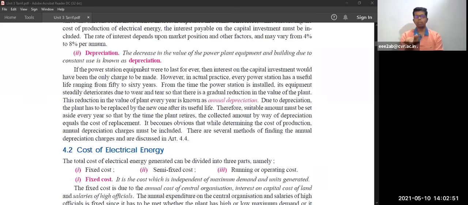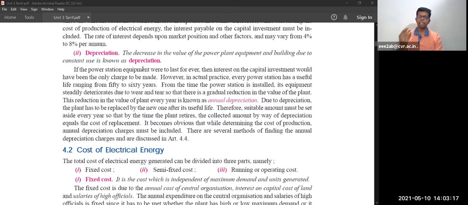So what we have to do is go for frequent maintenance. Wear and tear losses will be there. The shaft is always rotating, so wear and tear losses will be there in the shaft. They will replace it frequently, once a month or like that.